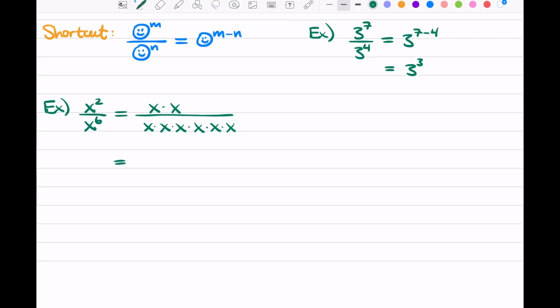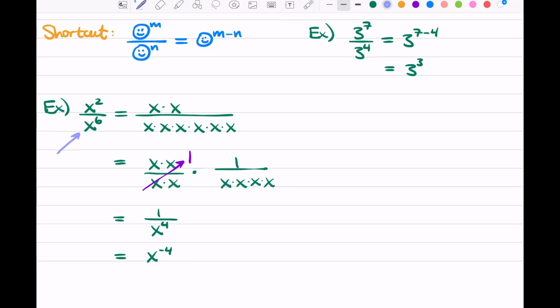Splitting this into two pieces, we have x times x divided by x times x multiplied by 1 over x multiplied 4 times. Our first fraction is going to simplify to 1, and we'll be left with 1 over x to the 4th power. And another way to write this would be x to the negative 4th power.